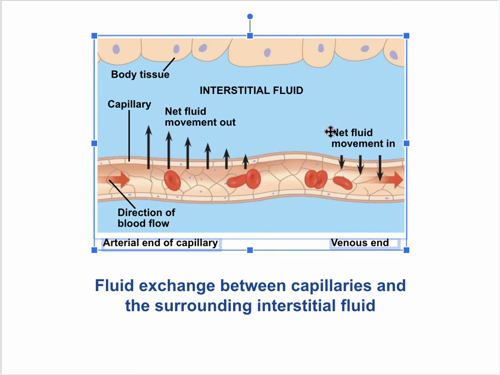Now that fluid will contain wastes like carbon dioxide and other byproducts of metabolism that these cells up here have been producing. And it's now carried off in that venous end of the capillary to be returned through the veins to the heart so that it can be carried to the proper organs for excretion.